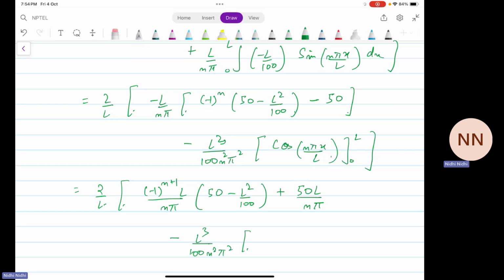Cos n pi is minus 1 to the power n, minus cos 0 is 1.